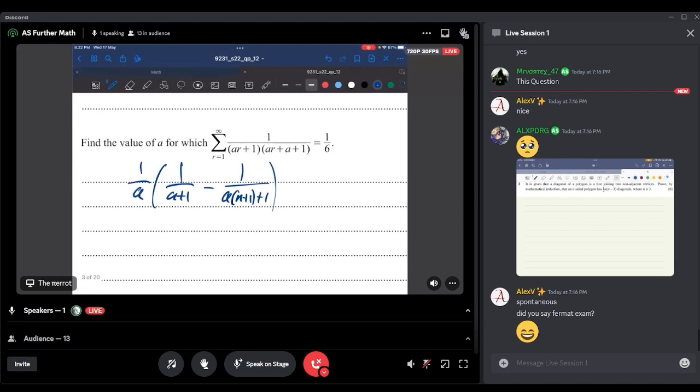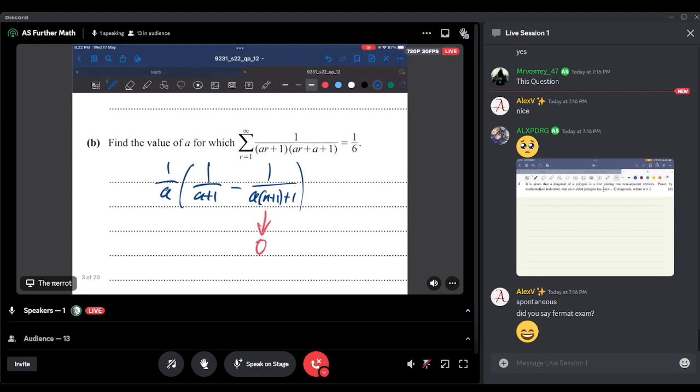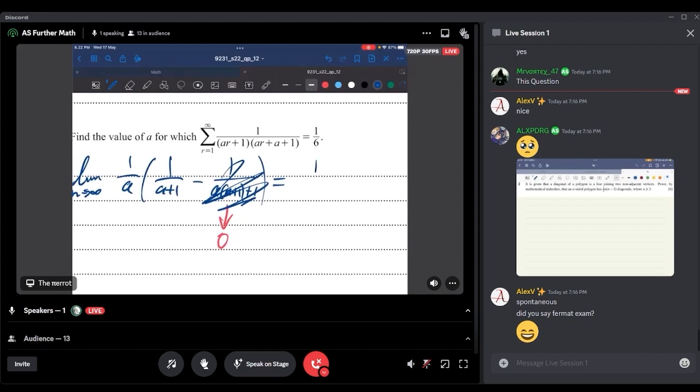Well, as n goes to infinity, this term will go to 0, right? Formally, I should write the limit as n goes to infinity. Since this goes to 0, we can just ignore this and write down what's remaining.